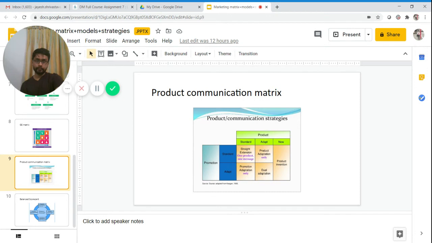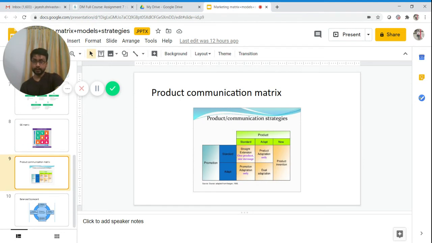The first point could be product extension and communication extension, that is dual extension. This strategy could be used by new entrants in the market, or some companies which don't have enough resources, so they would extend the same product and the same communication strategy in a region. This is the first strategy under this matrix.